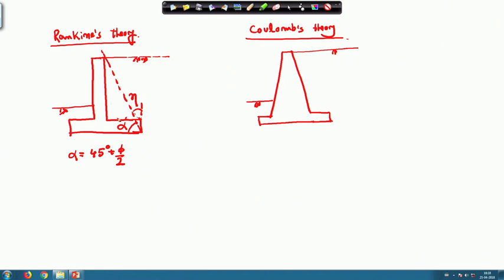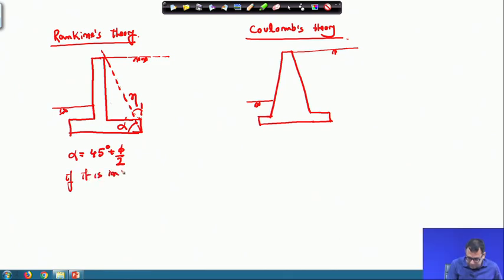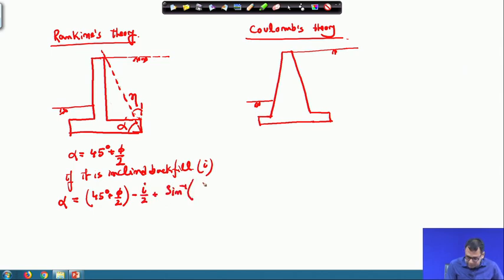And if it is the inclined backfill, with the inclination of I, then this value of alpha will be 45 degree plus phi by 2 minus I by 2 plus sin inverse sin I divided by sin phi or phi dash.